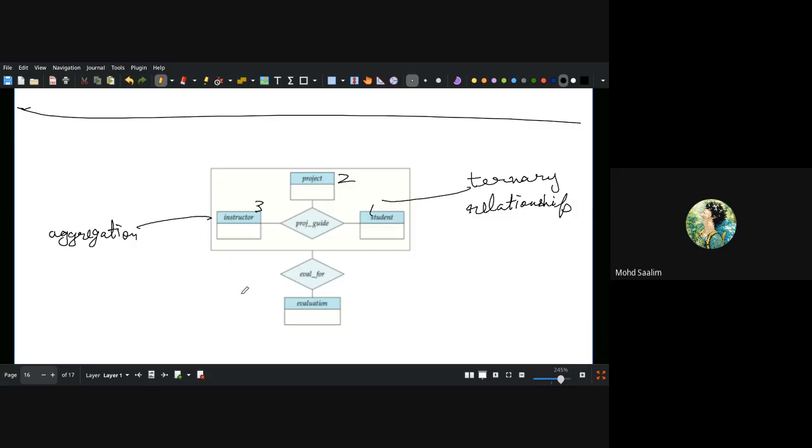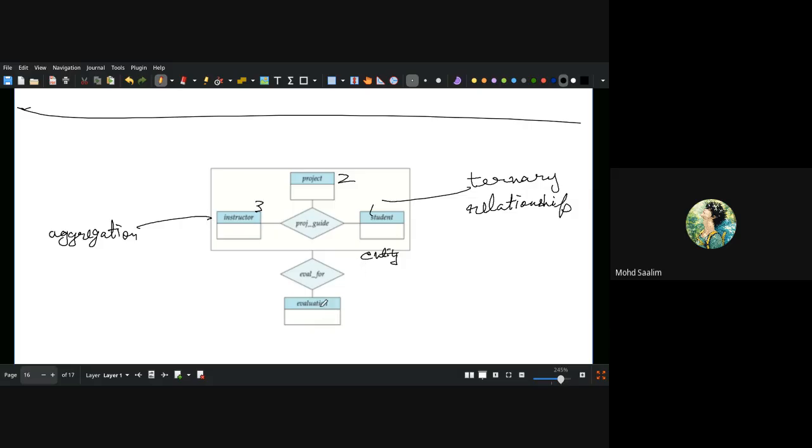This thing is called aggregation. We didn't do anything significant. Okay, I'm not saying that we changed something. We just did a very simple thing. We created a diagram to show that this ternary relationship is being treated as an entity, and we are using this to create further relationships.